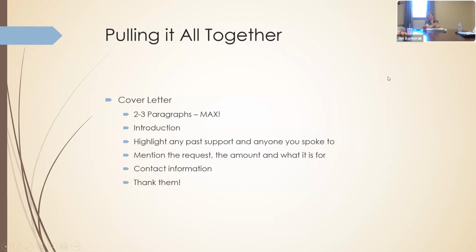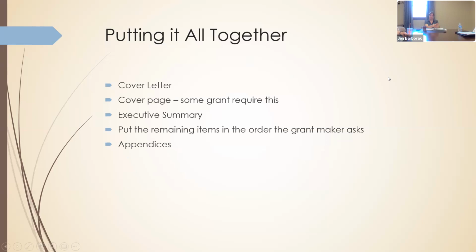And then your cover page, if the funder requires it. Some funders don't even want a cover letter or a cover page. If they want a cover page, what usually is on it is the contact information for the organization, the contact information for the person who is writing the grant, and contact information for whoever it is that you would want a person to contact.